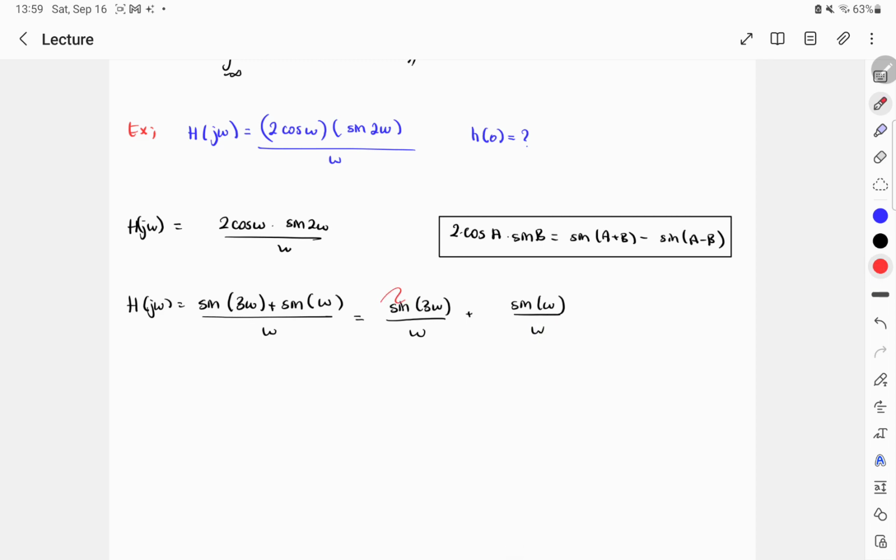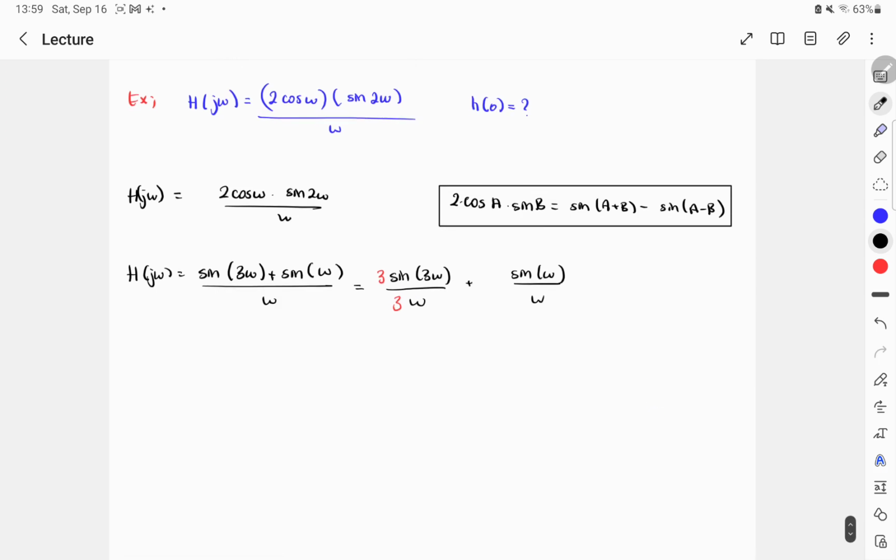Then we can multiply by 3 and divide by 3. So this part over here will be 3 sinc 3 omega, and here we have sinc omega, so 3 sinc 3 omega plus sinc omega. This is the Fourier transform.